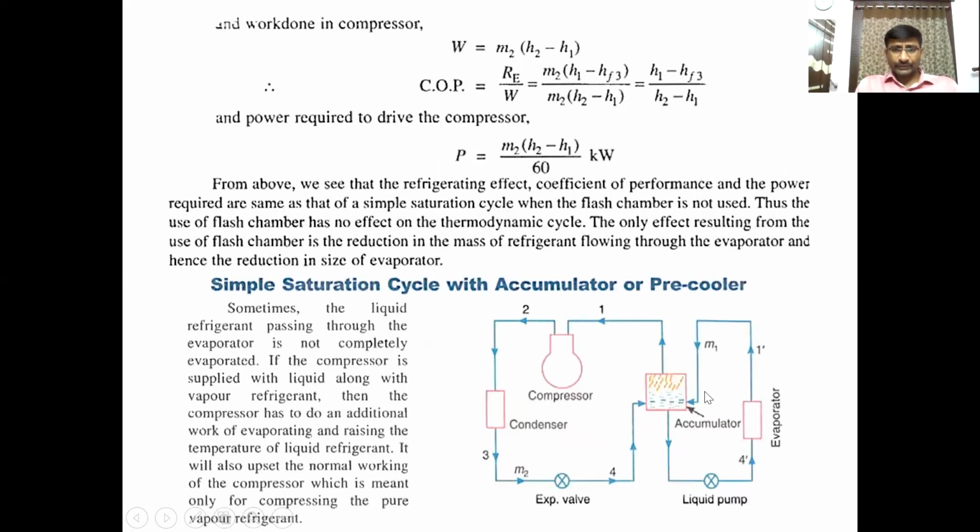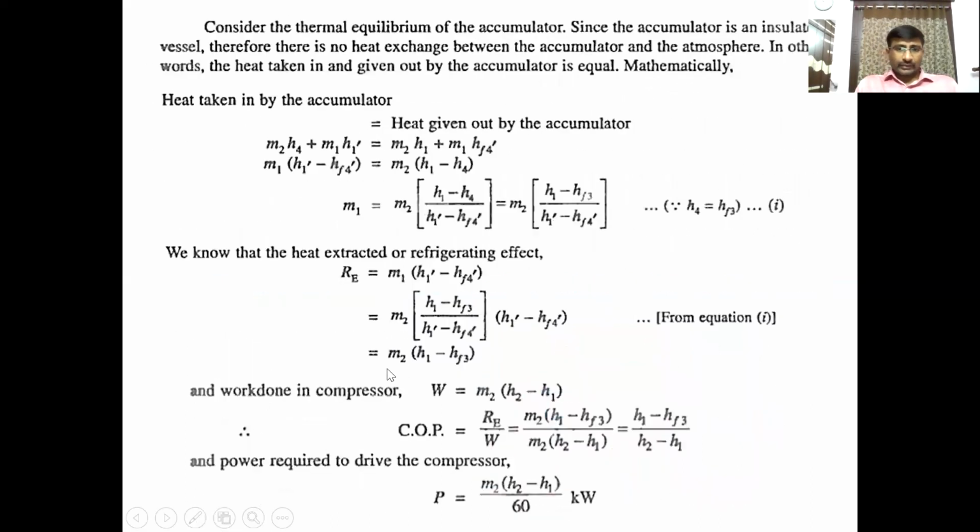With the pre-cooler, what is the refrigeration effect? The total amount of refrigerant is M2. M2 into H1 minus Hf4, meaning Hf3.